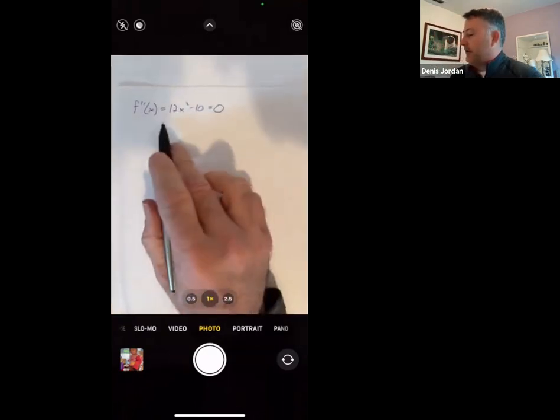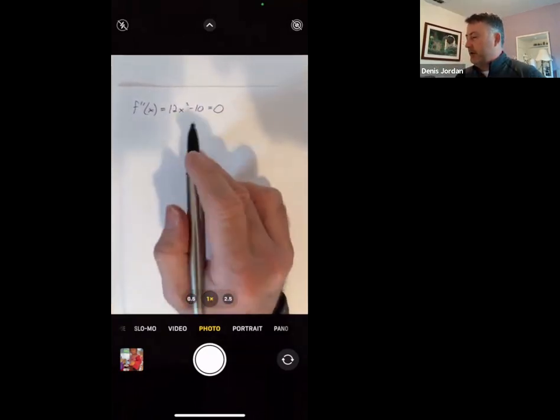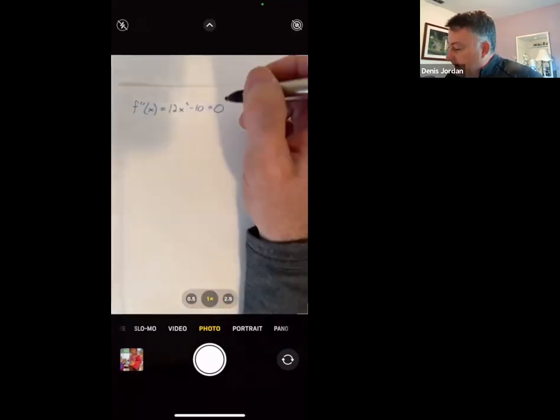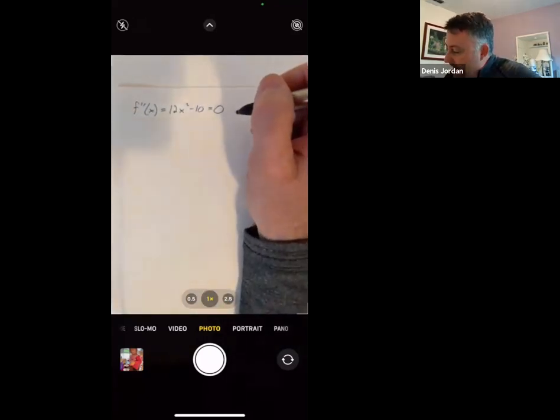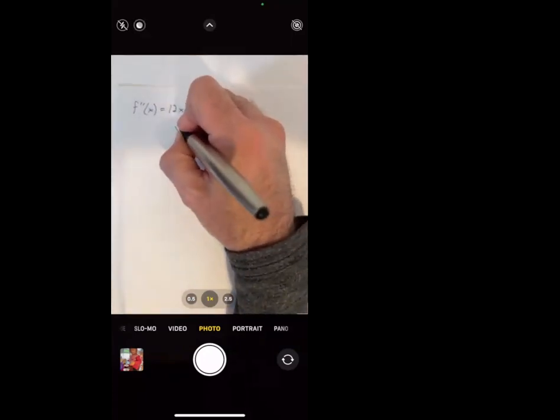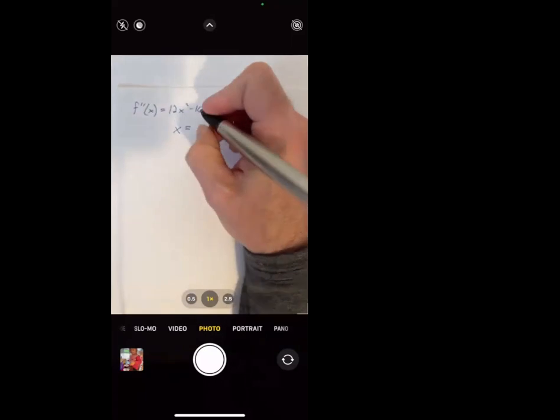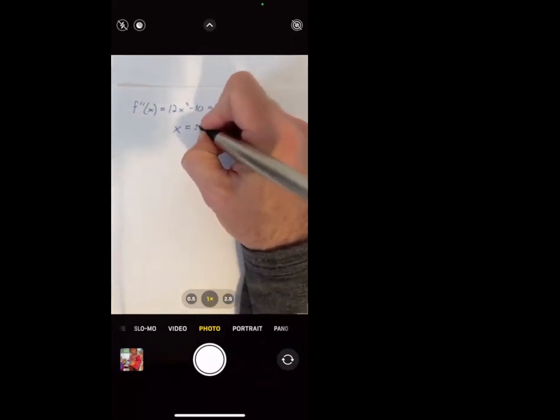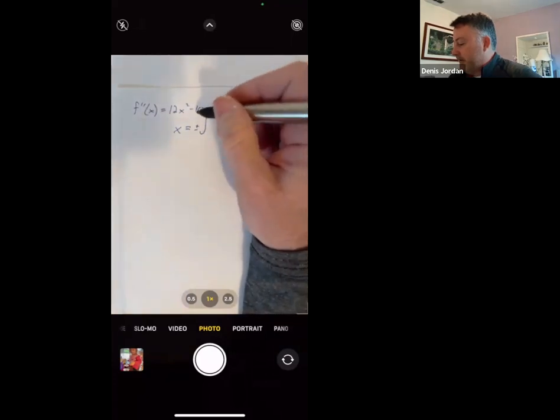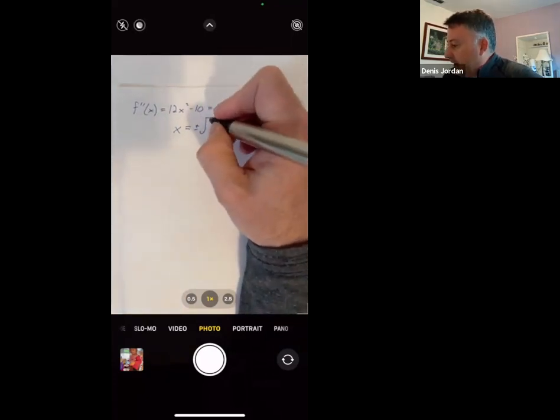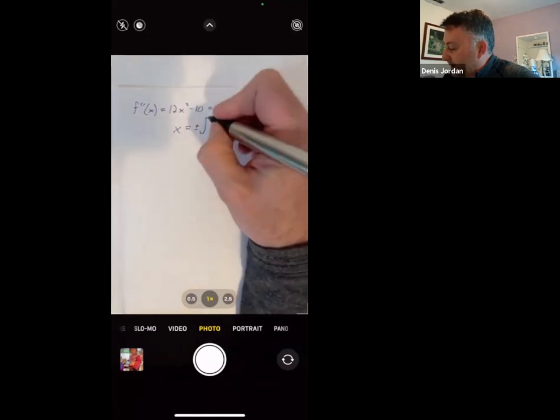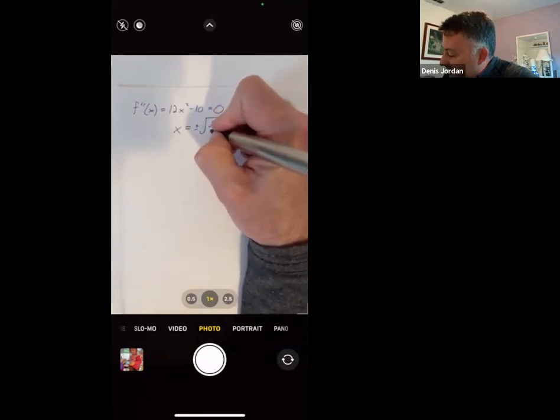And when you solve for x on this equation, what are you actually finding, potentially? Inflection points. Okay, so we got another fun value. So plus or minus the square root of 10/12, or 5/6.